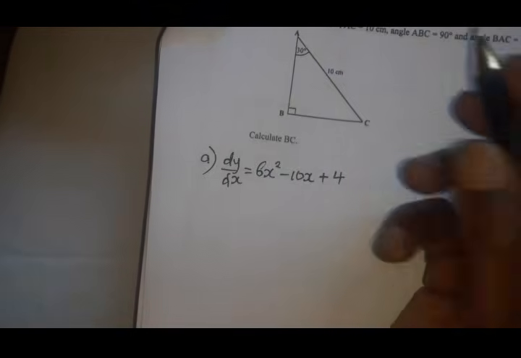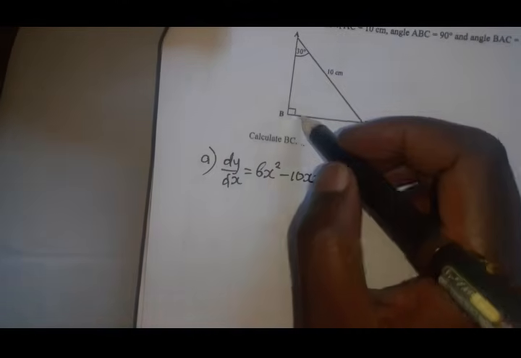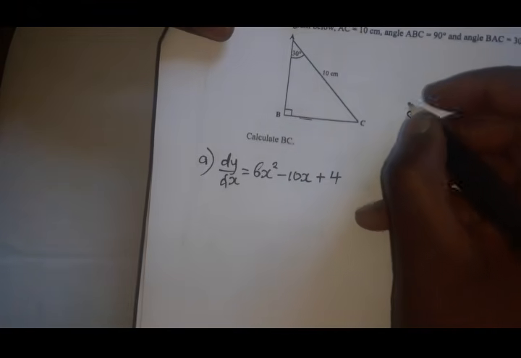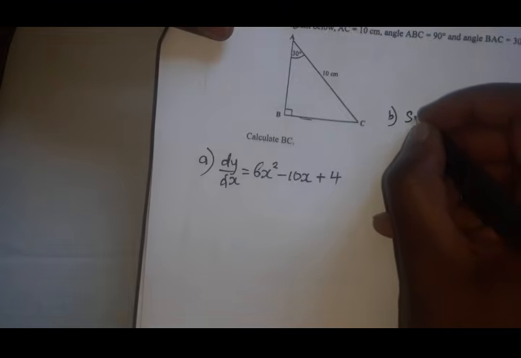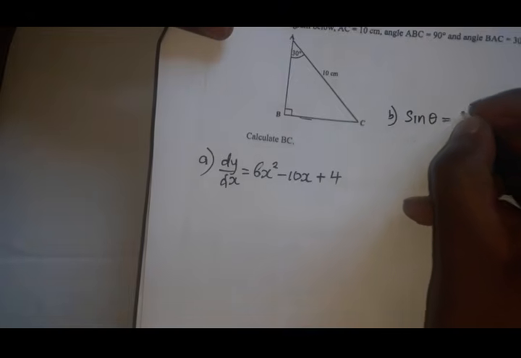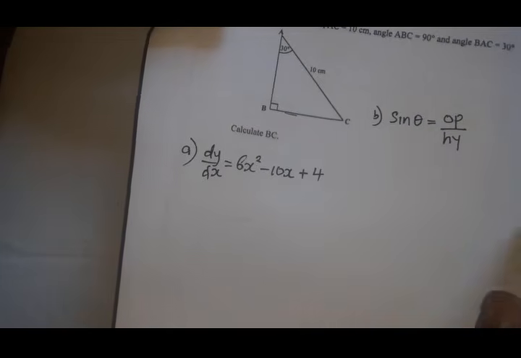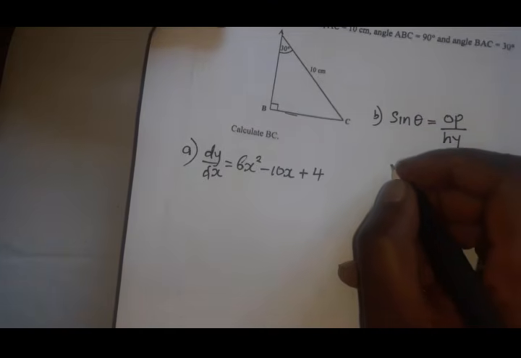So we need a ratio that works with the opposite and the hypotenuse, which is sine. So we always say sine theta is equal to opposite over the hypotenuse, isn't it?